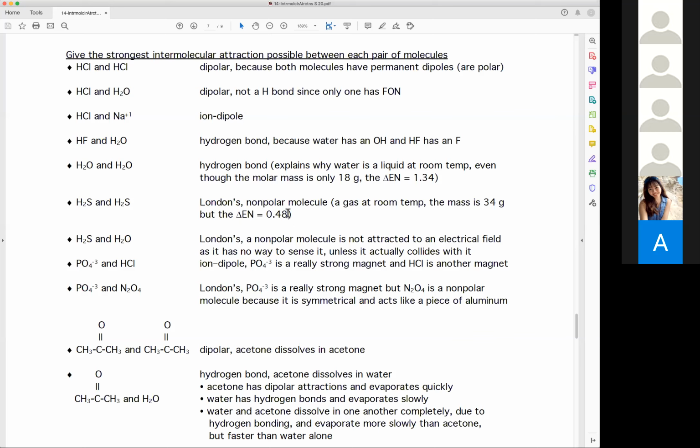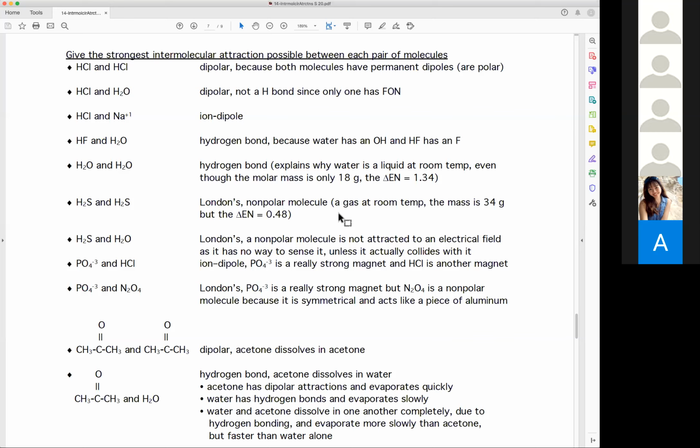So here's something interesting. Water is actually half the mass of dihydrogen sulfide. Yet water is a liquid at room temperature, and dihydrogen sulfide is a gas at room temperature. So what is the difference in their behavior?